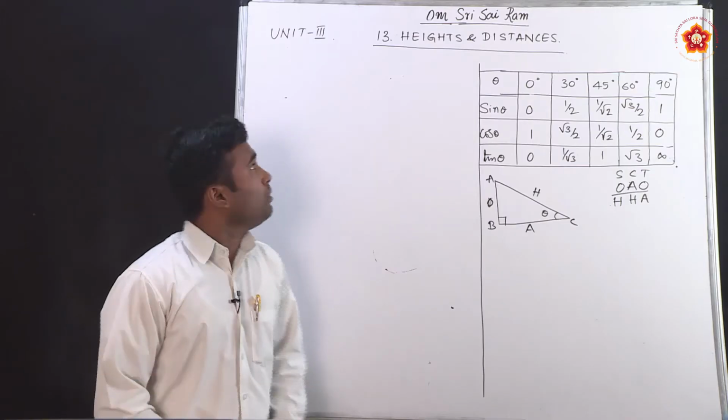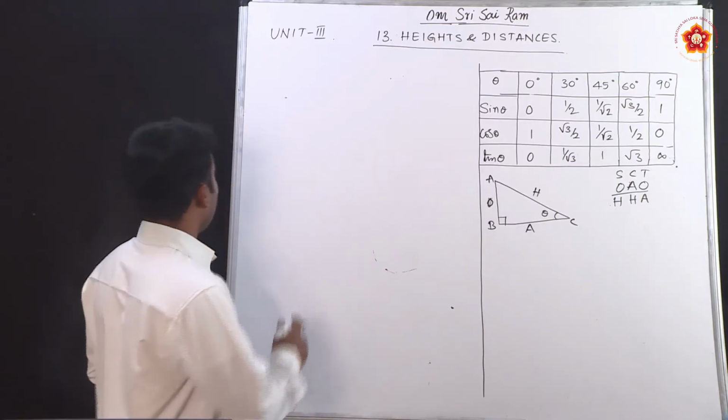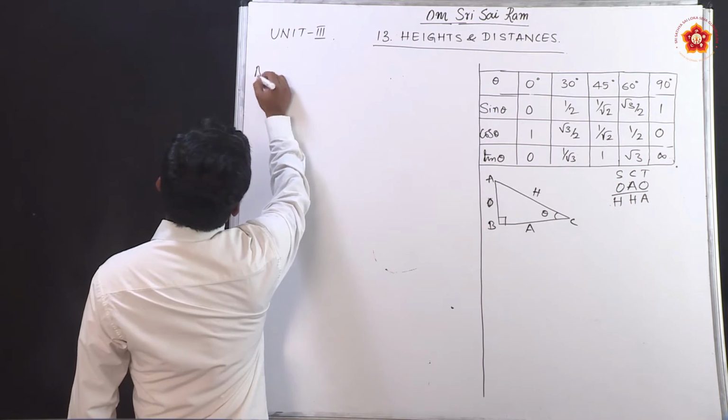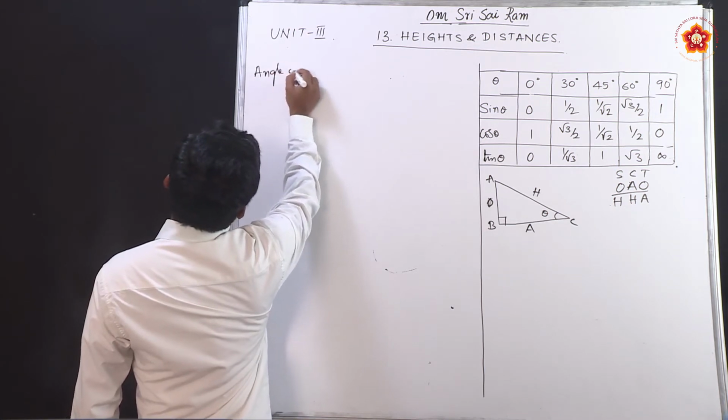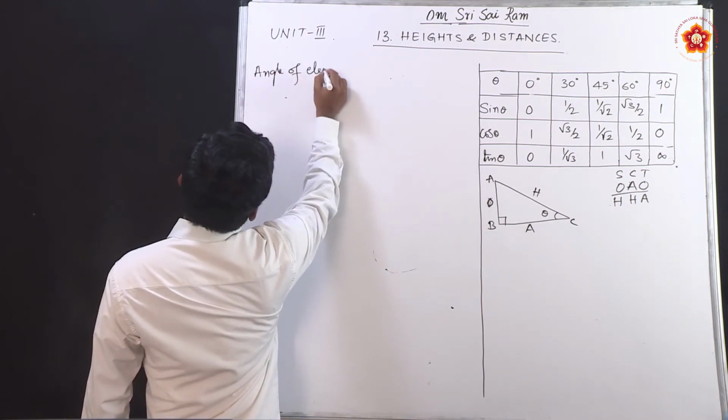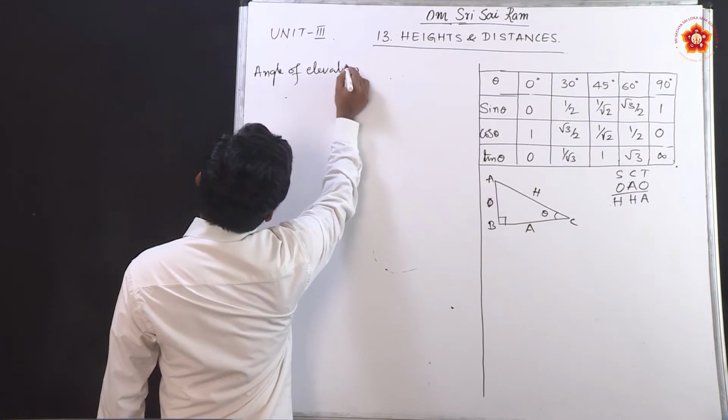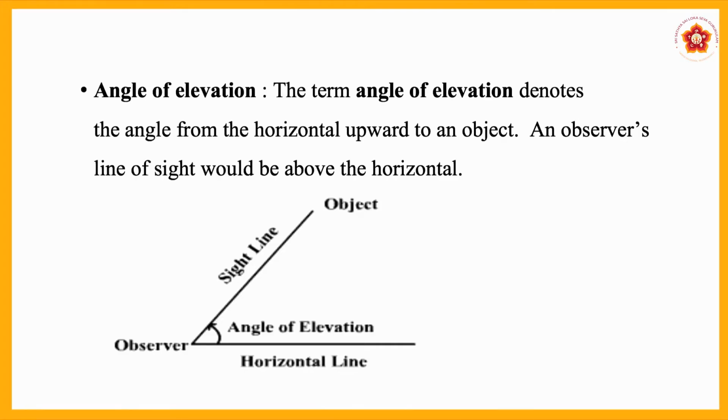Now we move on to the definition of angle of elevation. The term angle of elevation denotes the angle from the horizontal upward to an object. An observer's line of sight would be above the horizontal.